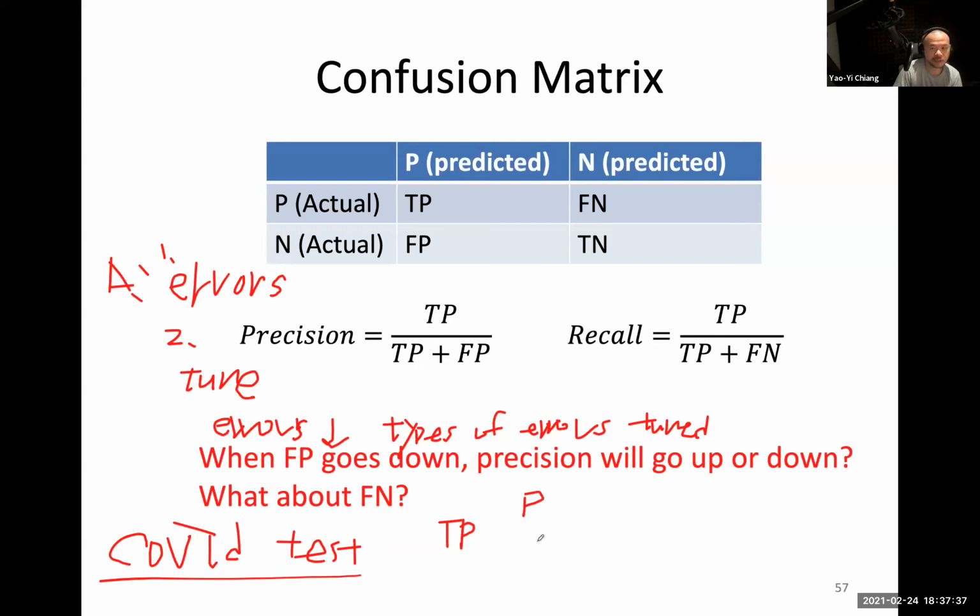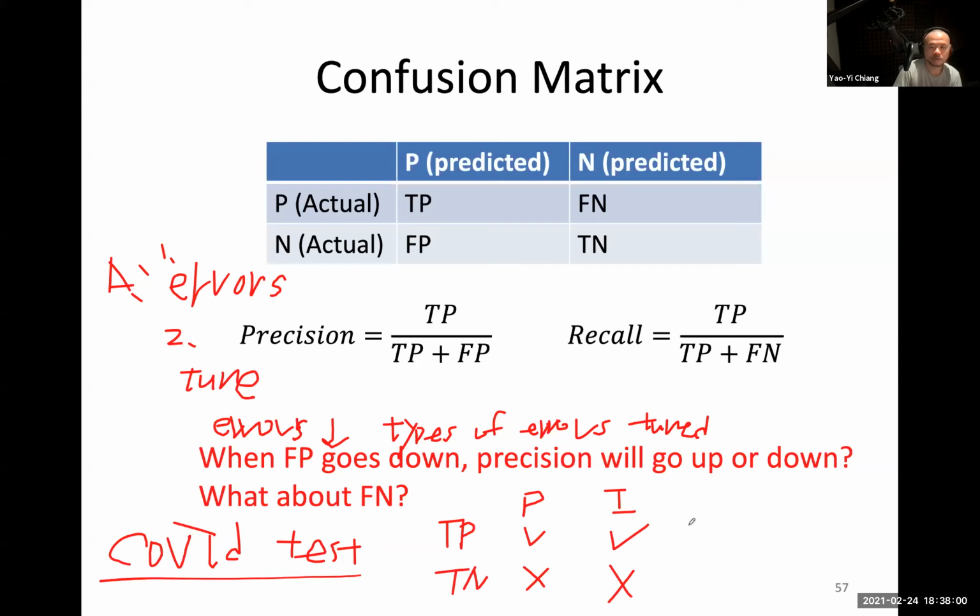You predicted COVID positive and you're infected. What is a true negative? You predicted not COVID and not infected.